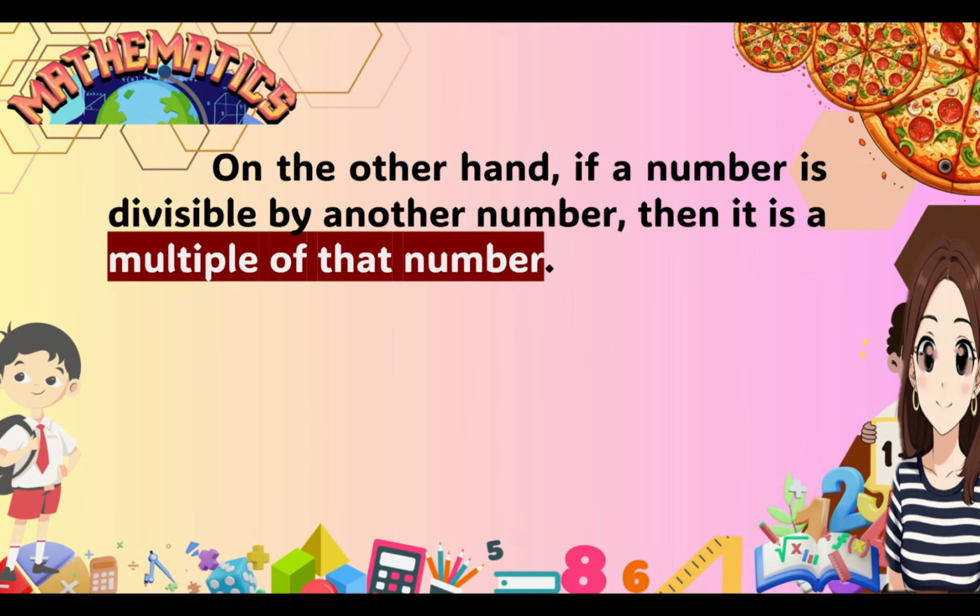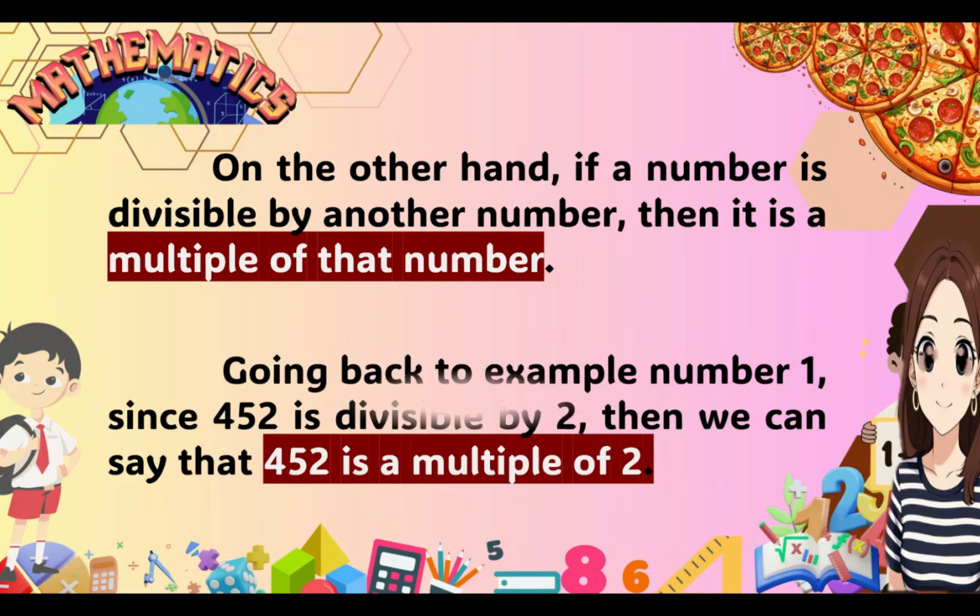On the other hand, if a number is divisible by another number, then it is a multiple of that number. Going back to example number 1, since 452 is divisible by 2, then we can say that 452 is a multiple of 2.